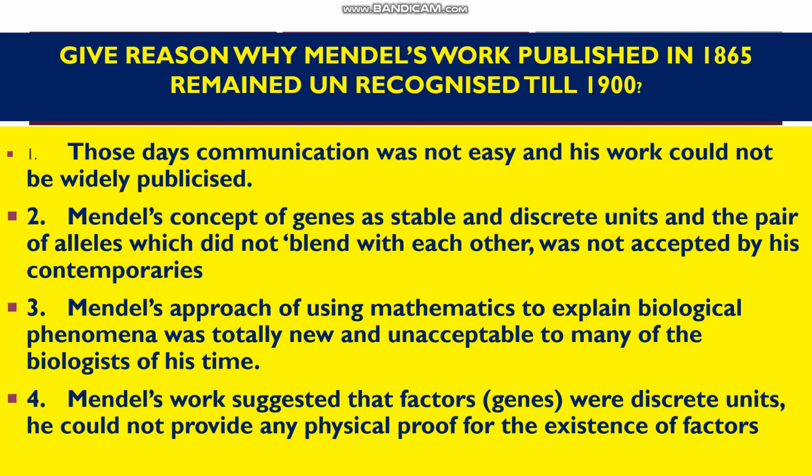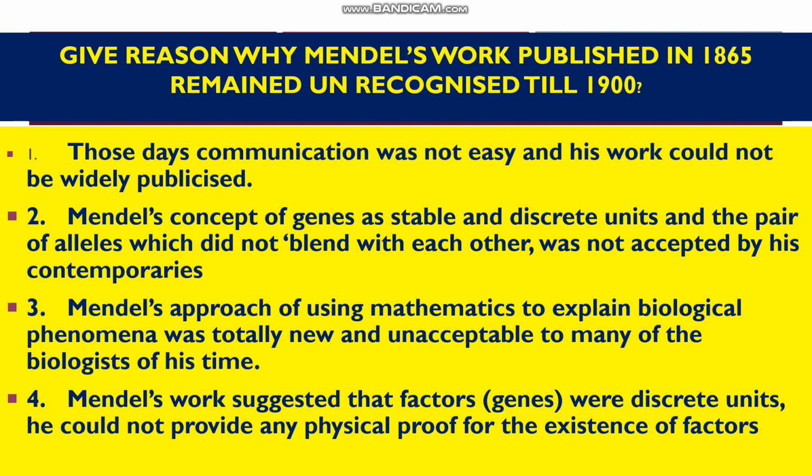Also, Mendel's approach of using mathematics to explain biological phenomena was totally new and unacceptable to many of the biologists at that time. And also, he could not provide any physical proof for the existence of factors. So these are the reasons why Mendel's work remained unrecognized till 1900.